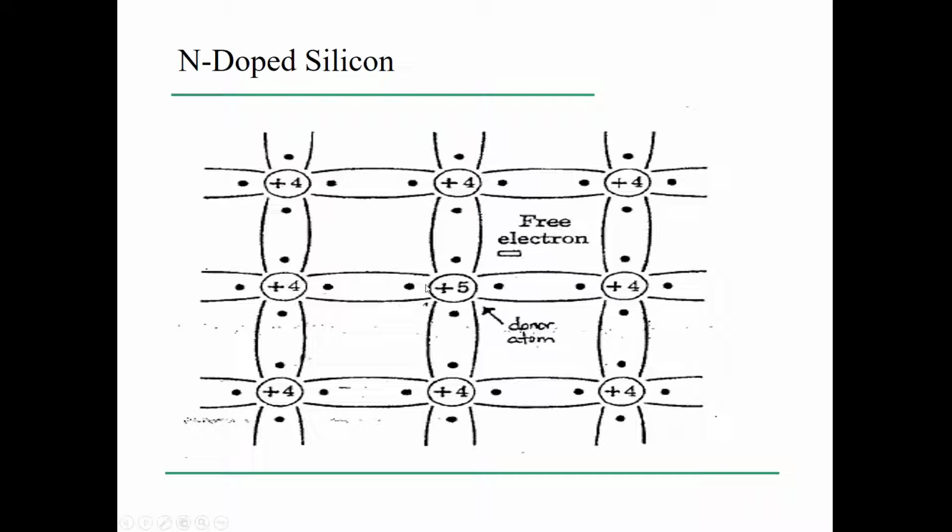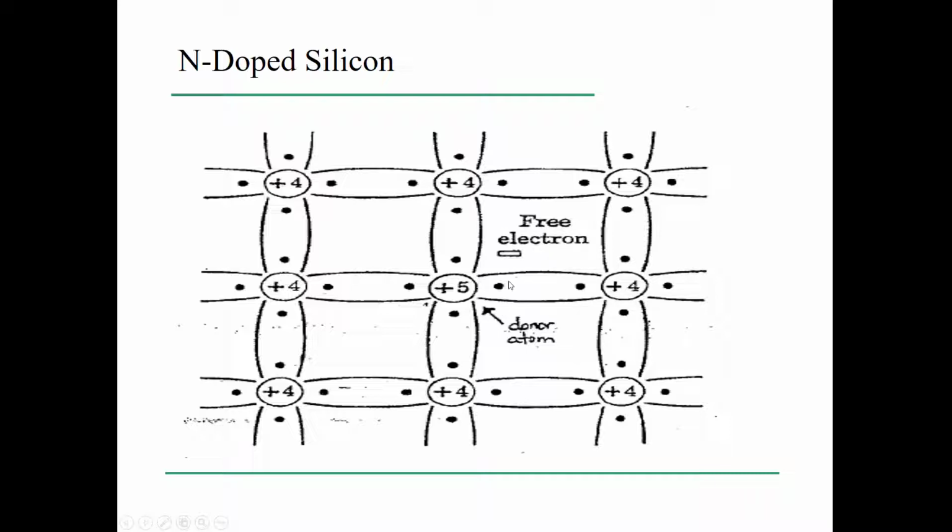So for example, a phosphide atom has 5 valence electrons. The 5 valence electrons of the phosphide atom match up and make bonds with surrounding valence electrons of nearby silicon atoms. But that 5th valence electron doesn't have another valence electron to pair up with. So that becomes what we say unbounded or free, and therefore it can contribute to a current, and that's what increases the conductivity, the fact that now there's this free electron.